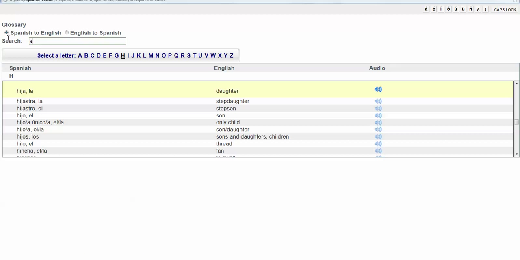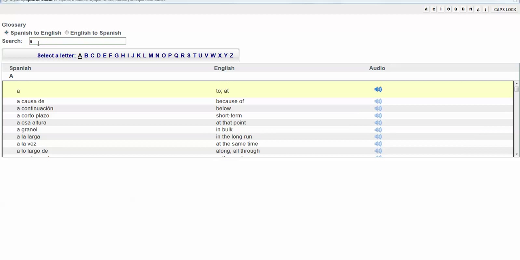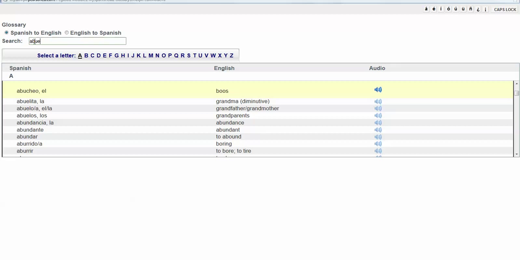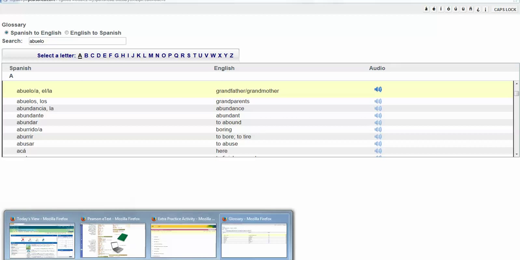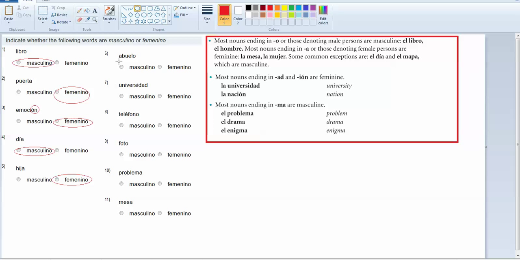Type in abuelo. And here we've got abuelo is masculine. If you change it to an A and you put a la in front of it, that makes it abuela, grandmother, which is feminine. But with the O, it's masculine. So abuelo is masculino.